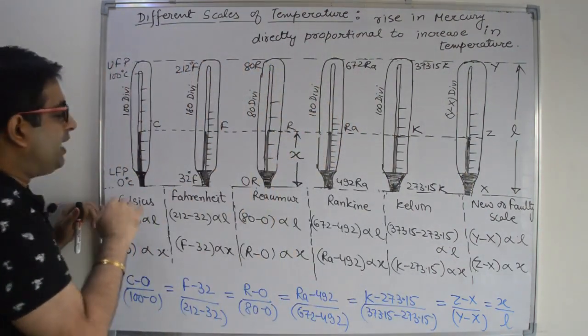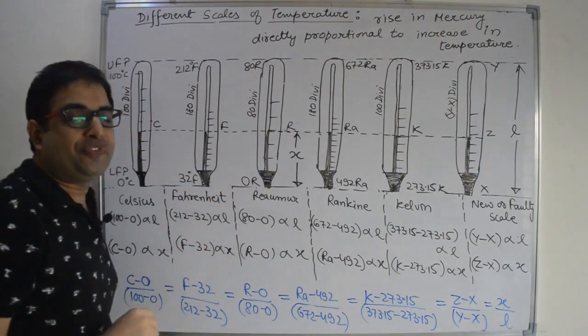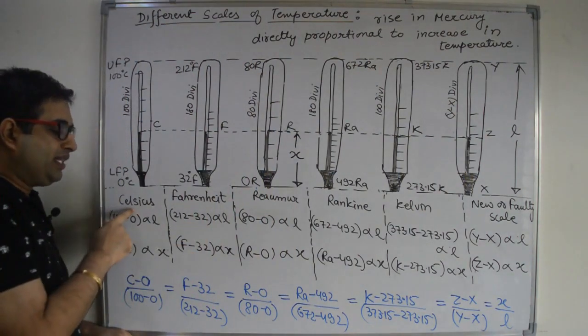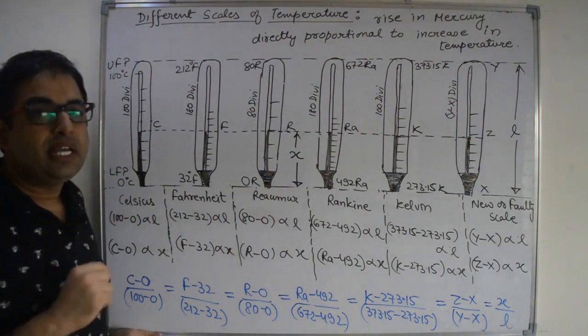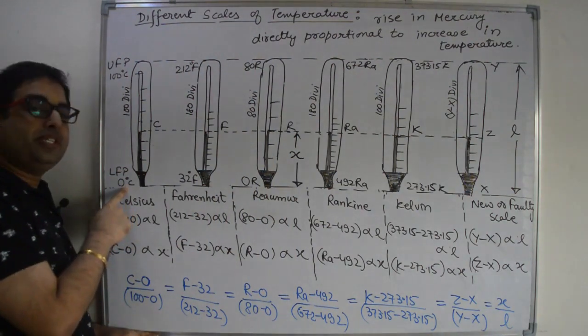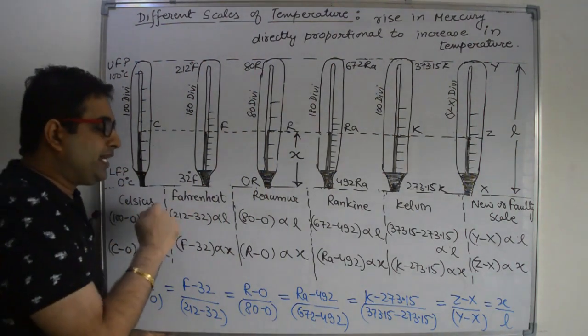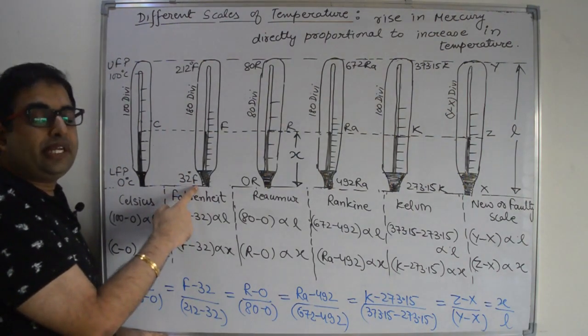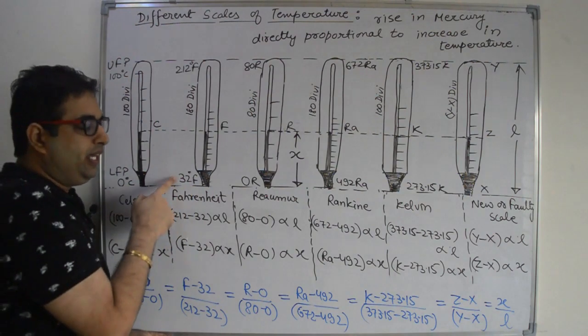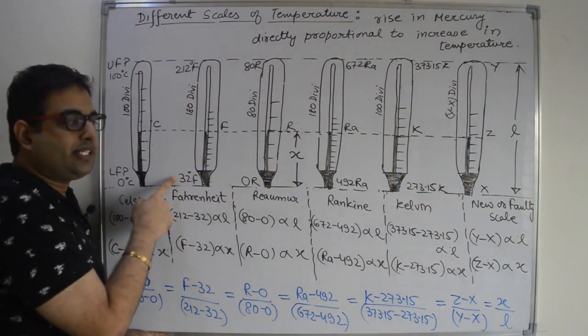So here we have different scales of temperature. First one is the Celsius scale, and the lower fixed point, that is the ice point, is 0 degrees Celsius. Second is the Fahrenheit scale, and the lower fixed point, that means the ice point, is 32 degrees Fahrenheit.